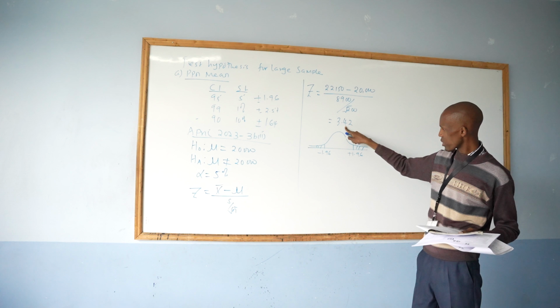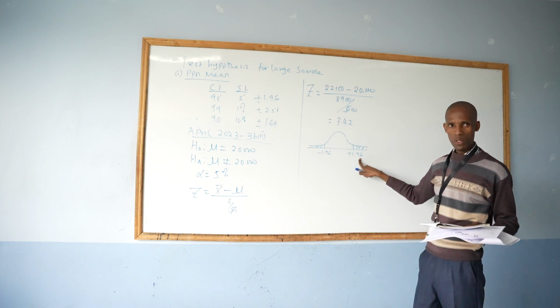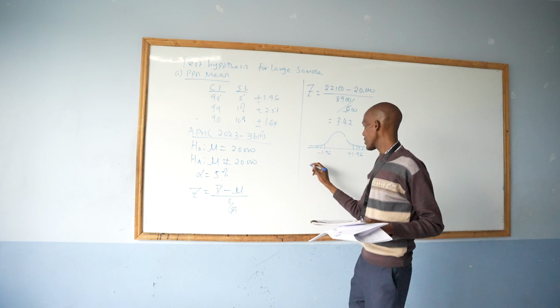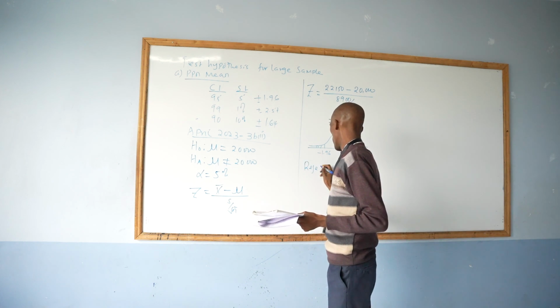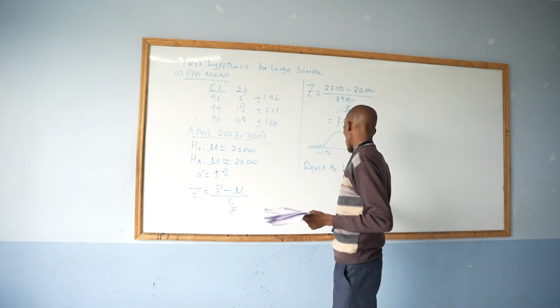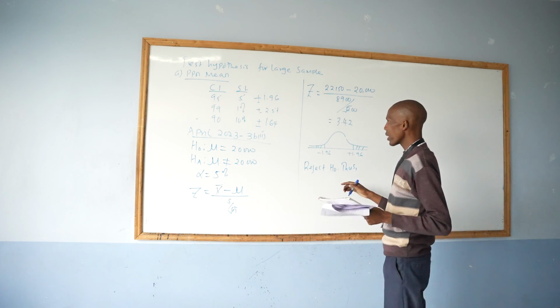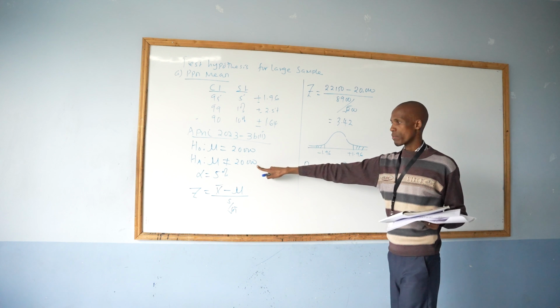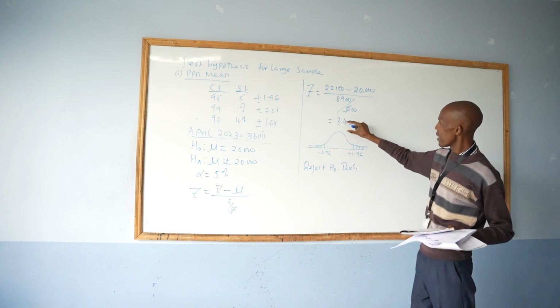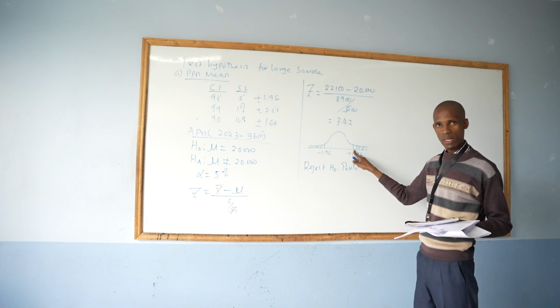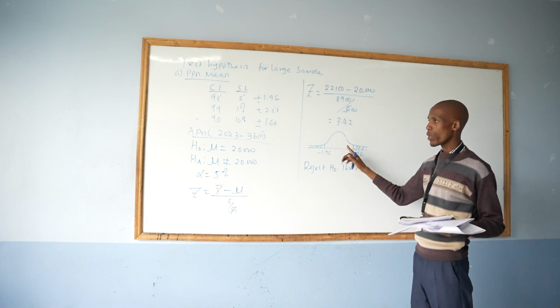What is this 3.42? It is greater than 1.96, and therefore it falls in the rejection region. So you say reject the null hypothesis. Thus, you now agree with the second statement. Why are we rejecting? Because this 3.42 is not within this range of acceptance. If it was within the range, we could have accepted.